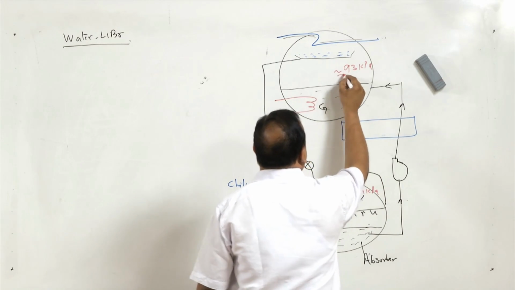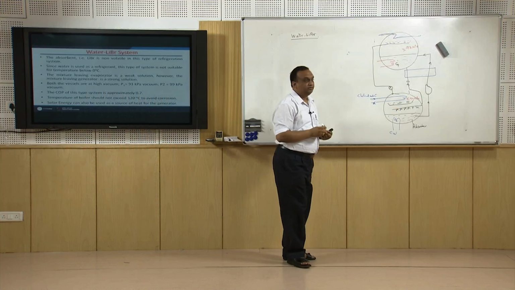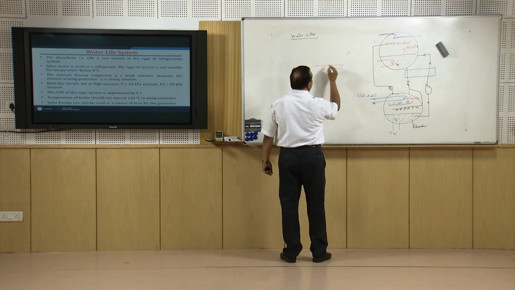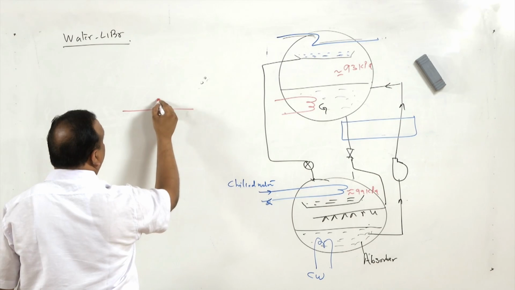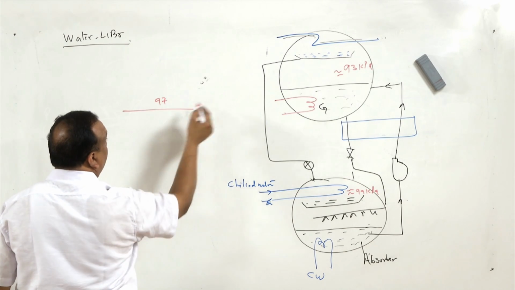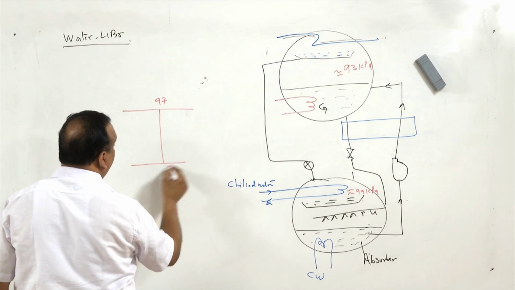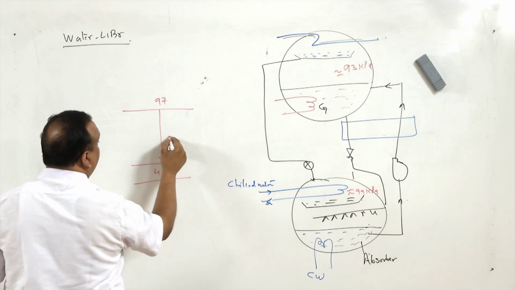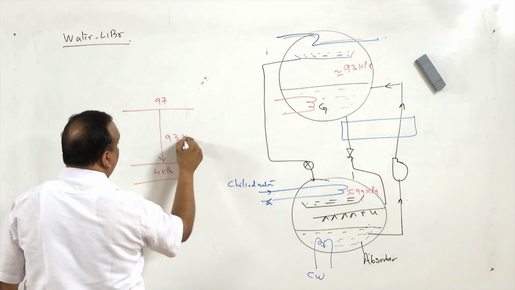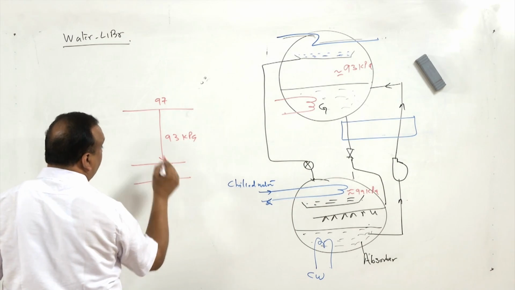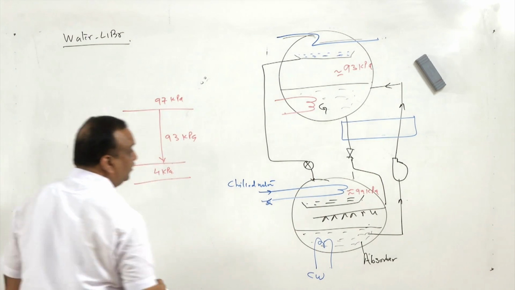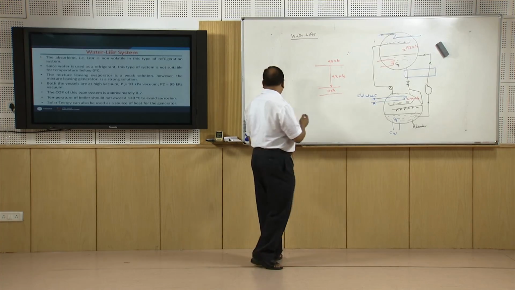So, the system works in very high vacuum. Vacuum means pressure below the atmospheric pressure. If atmospheric pressure is, let us say, 97 kilopascal, then 93 kilopascal vacuum means it has only 4 kilopascal absolute pressure. And here you can see 99 kilopascal, it is almost 0, the vacuum is very high.